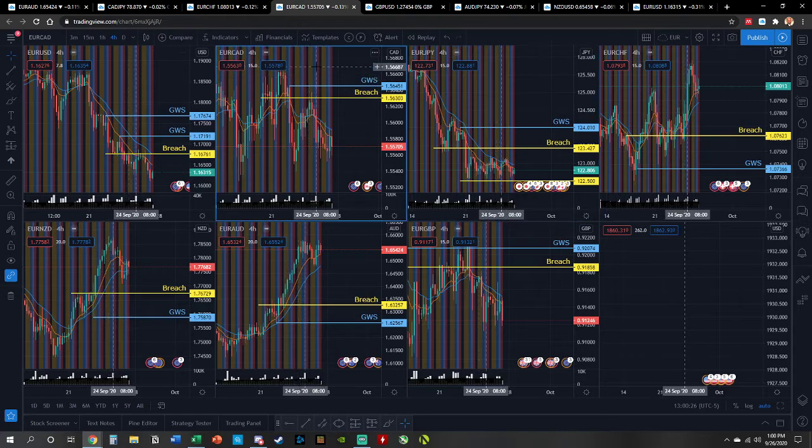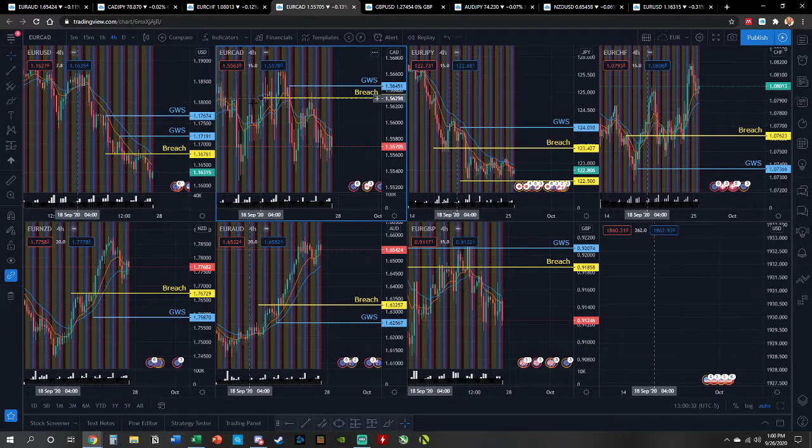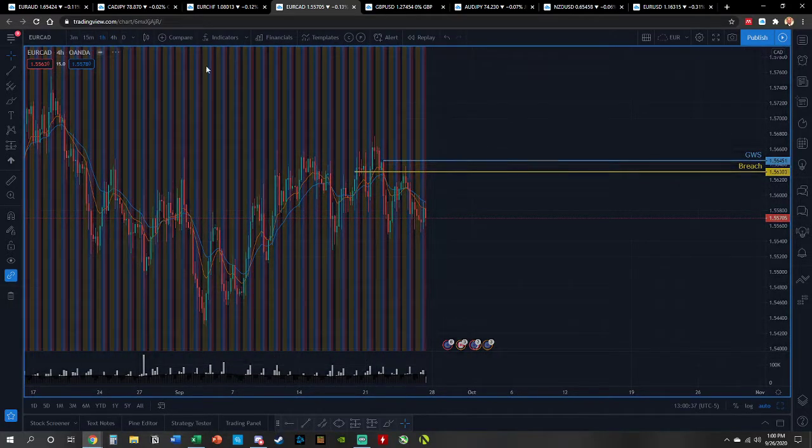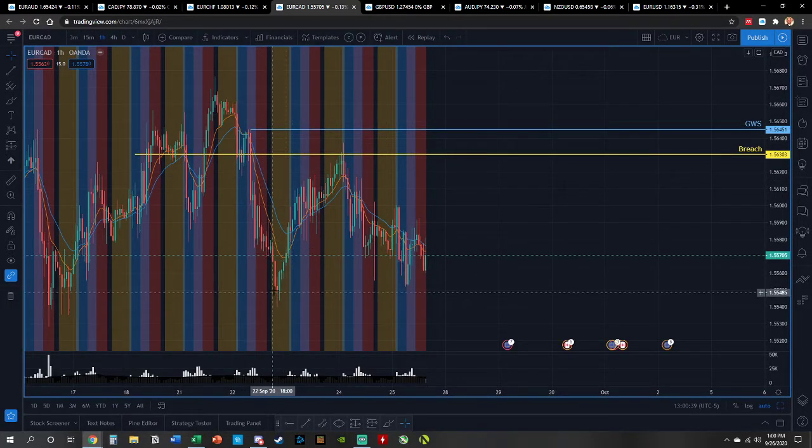EuroCAD. Okay, so it was this one. So we had the strong move down. Basically I was seeing price come back up to these areas. If we look at the 1 hour, basically what I saw is price came up, struggled in this area, broke up again, pulled back, broke up again and held above, and then came crashing down.